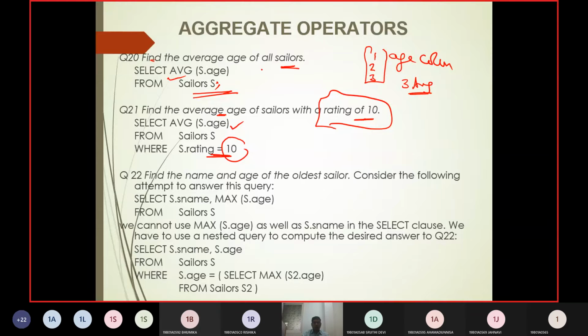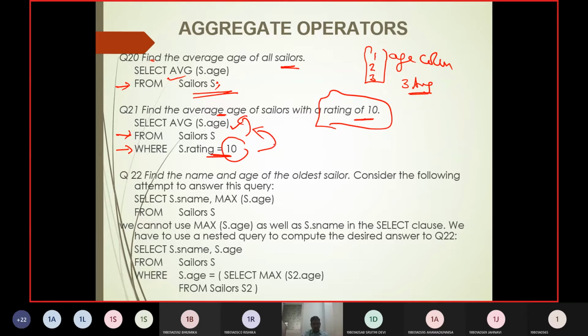You should understand the first one has only the from clause, but now we have the from clause and the where clause. We will first apply the rating as 10, push it to Sailors, and then push it to the target list. This is the sequence in which execution is taken up.